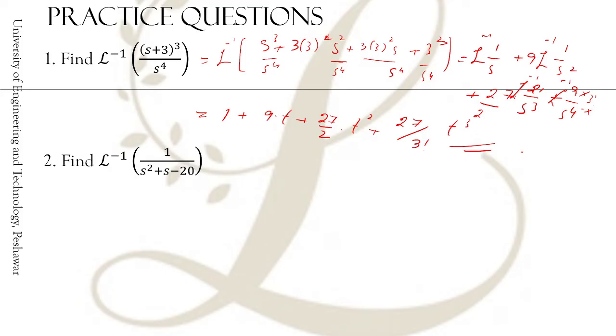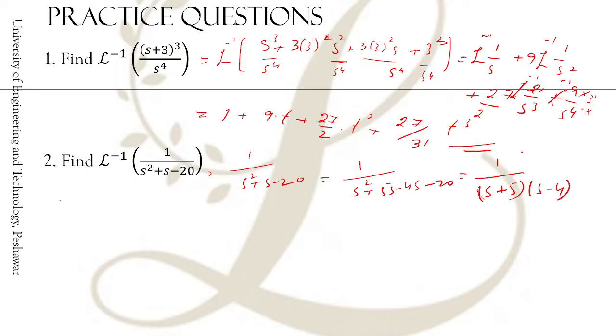Whereas in case of 1 over s square plus s minus 20, what do we do? We first find the partial fraction of this. Let me consider this one as 1 over s square plus s minus 20. This factorizes as s square plus 5s minus 4s minus 20, which is 1 divided by s plus 5 into s minus 4.